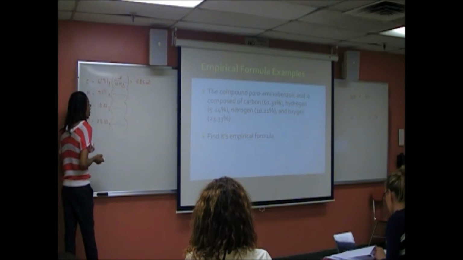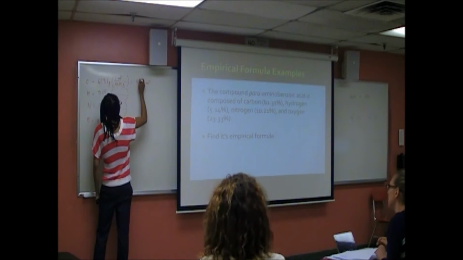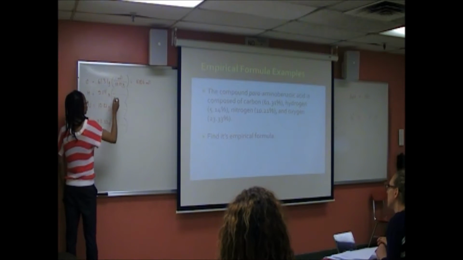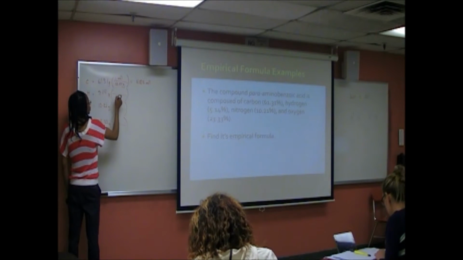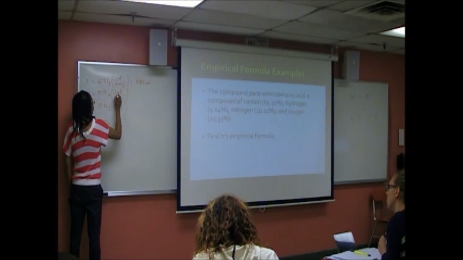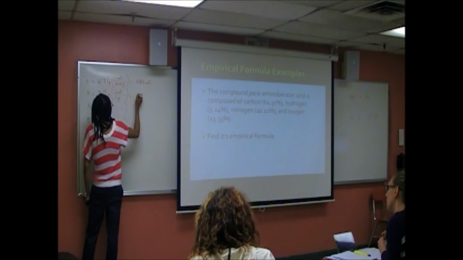For hydrogen, it would be 5.14 grams times 1 mole divided by 1.01 grams. 1 gram is fine. It's 5.18, yeah.